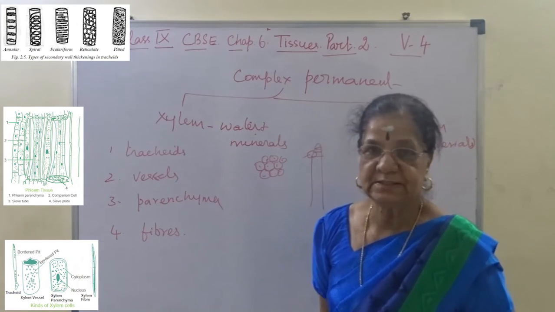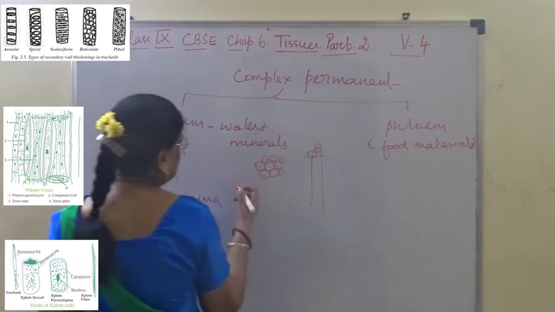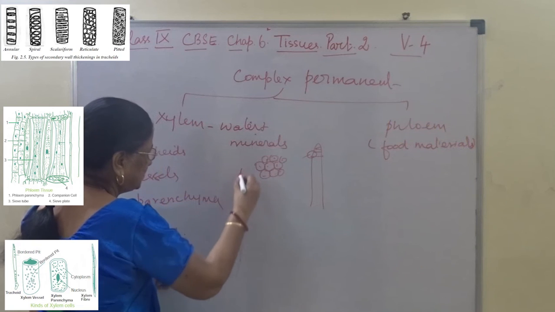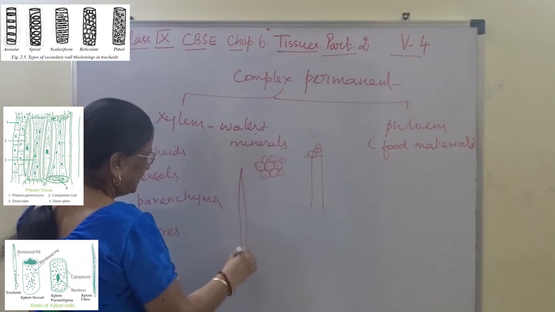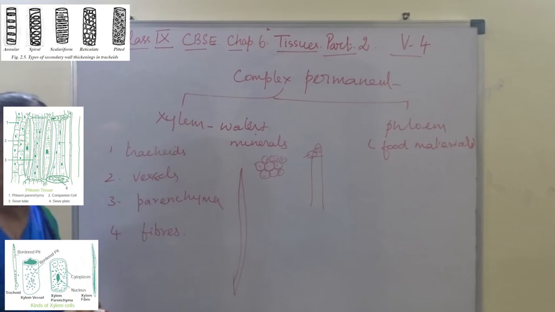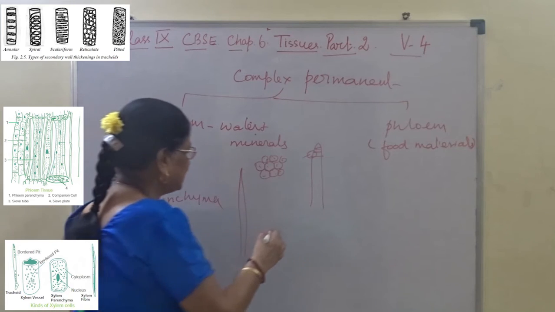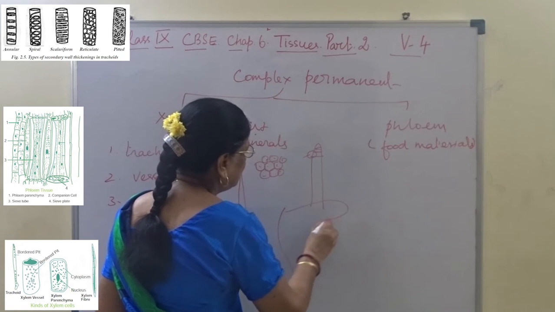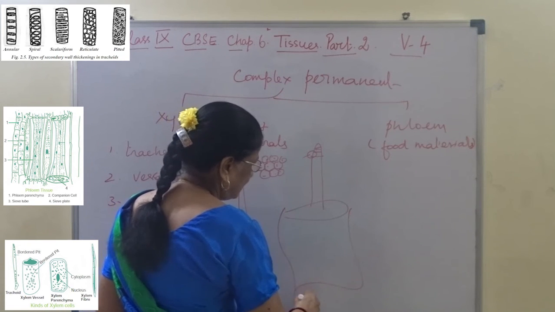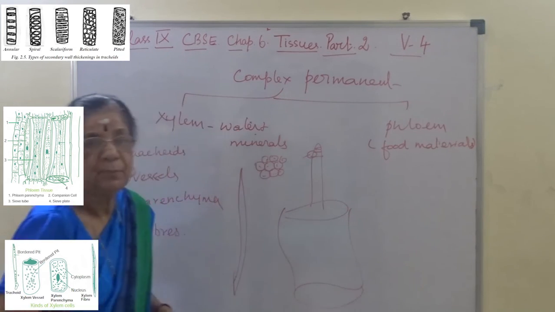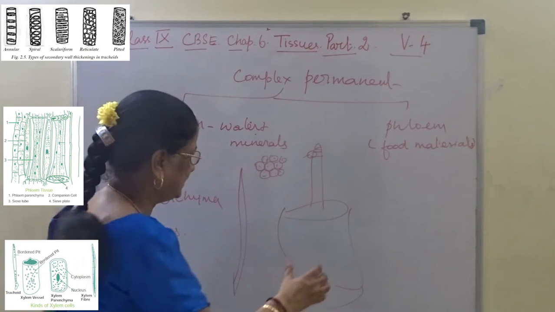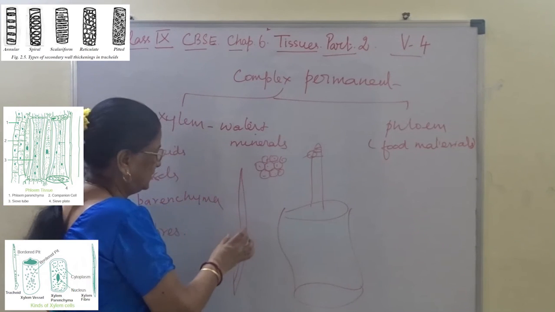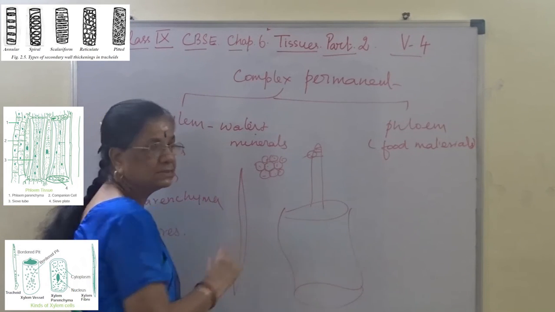Now this xylem tracheids and vessel, only thing, tracheids are long, narrow and elongated pipeline structure, whereas vessels, they are broad, elongated pipeline structure. Only thing, the width, it is very narrow, this is wide.